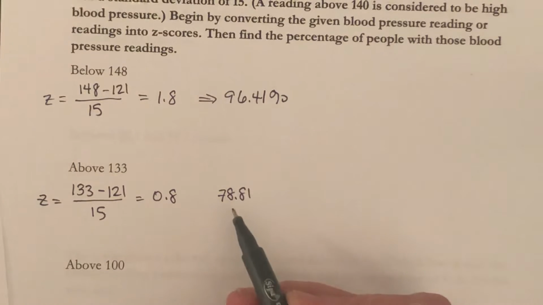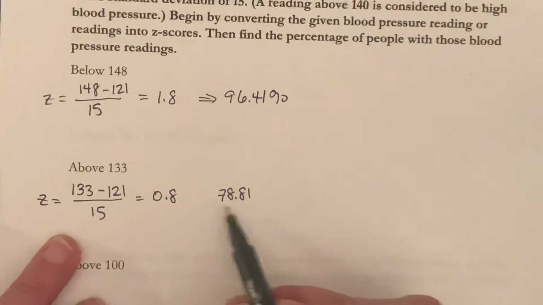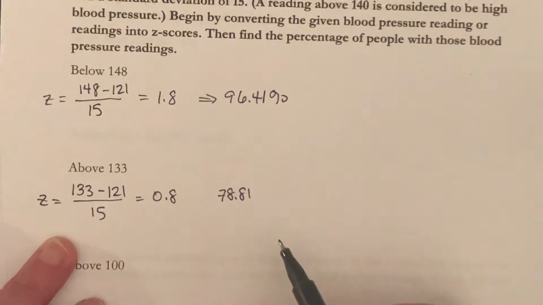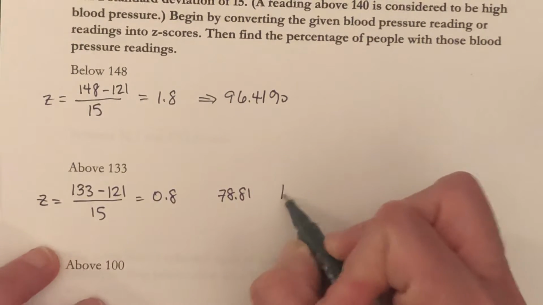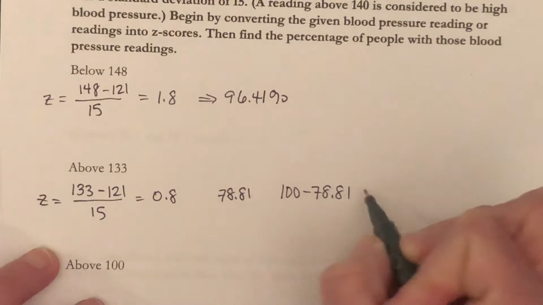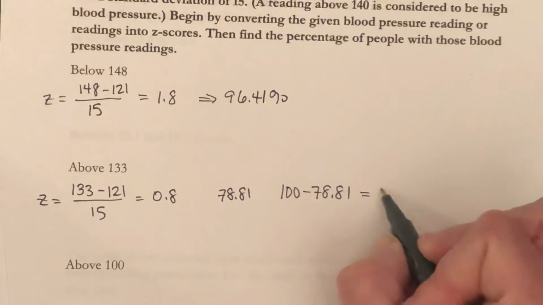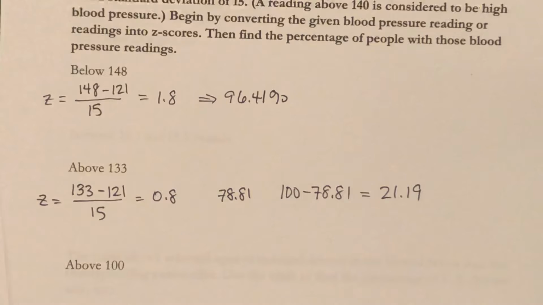But that's how much is below 133, and we want to know how much is above. So I need to do 100 minus 78.81, which is 21.19.